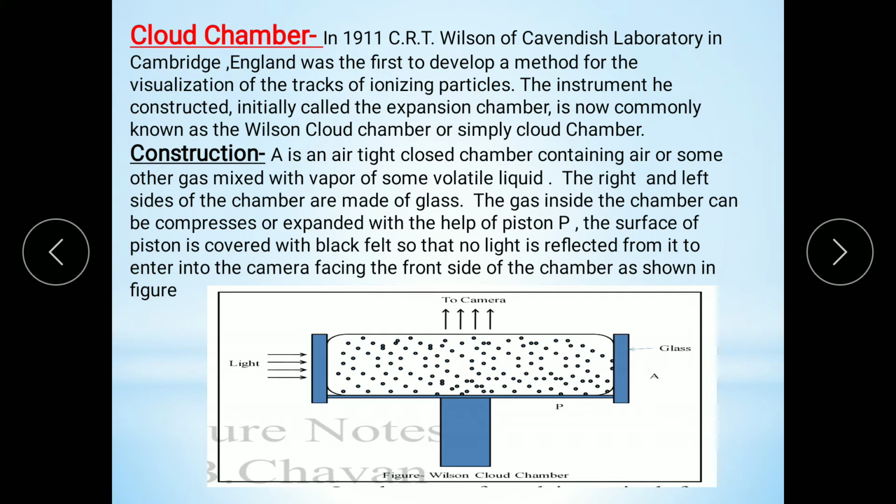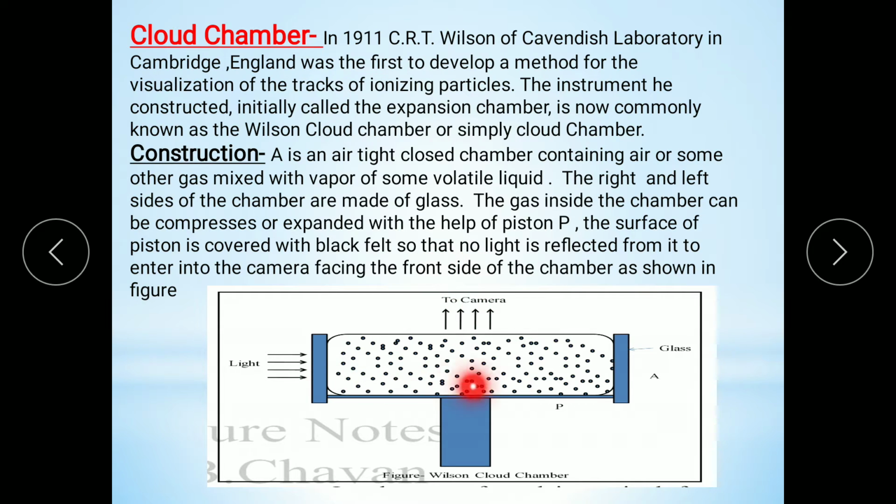Now the surface of the piston is covered with black velvet, so that no light is reflected from it into the camera facing the front side of the chamber, as shown in the figure. See here is the camera, means this side is towards the camera.